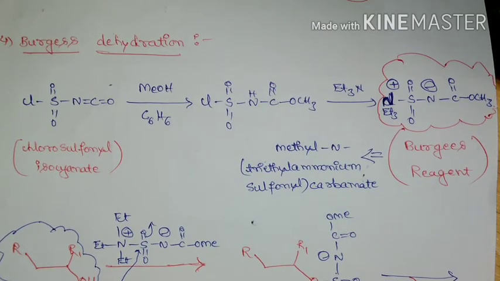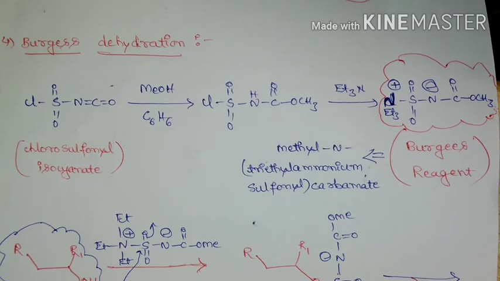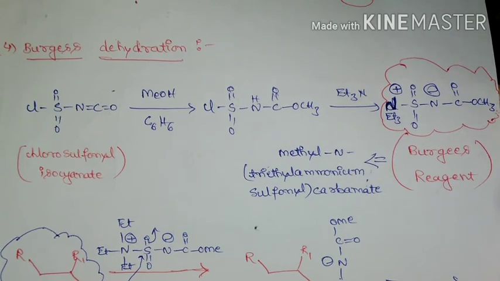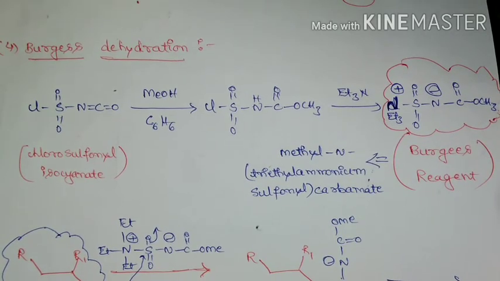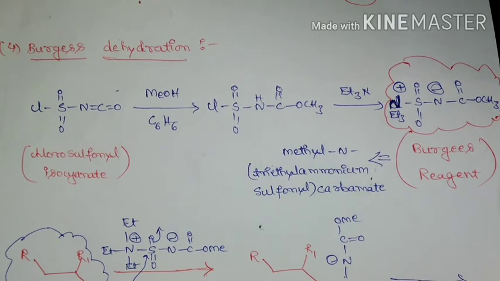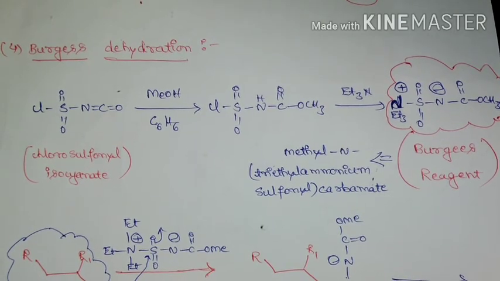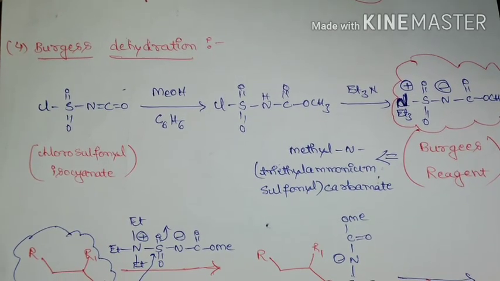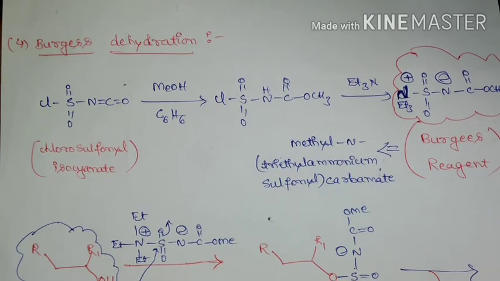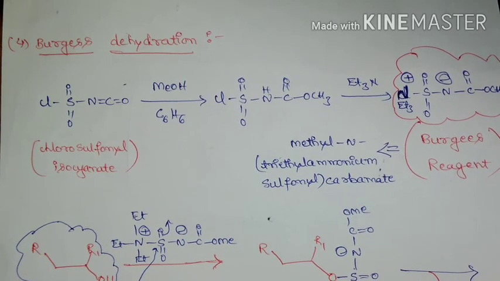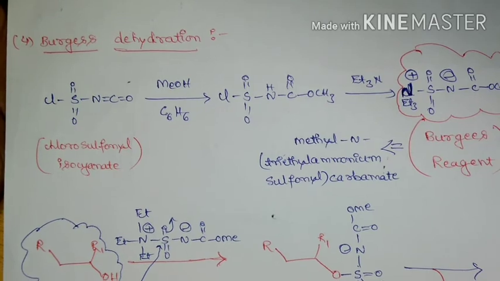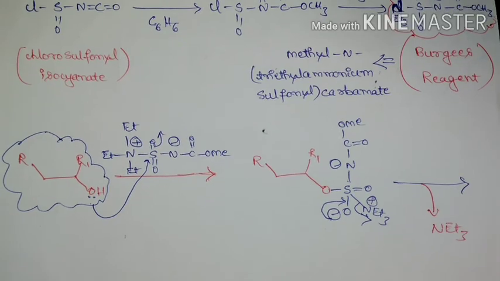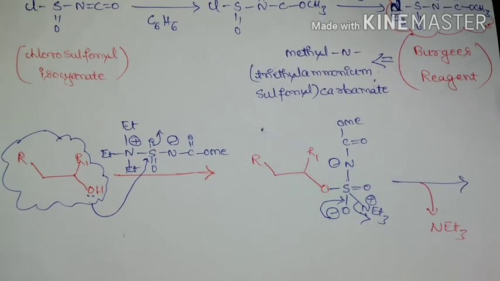Upon treatment with triethylamine, it forms methyl N-triethylammonium sulfonyl carbamate, which is known as Burgess reagent. This Burgess reagent can be used for dehydration of secondary and tertiary alcohols, and it does not work with primary alcohol. The reaction is as follows.